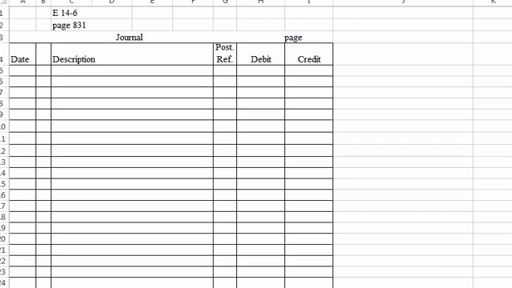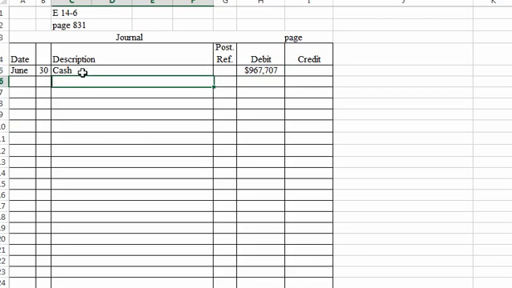Number one, prepare the journal entry to record their issuance by the Gorman Group on June 30th, 2016. So, okay, we'll say June 30th. All right, the Gorman Group on that day is going to receive cash. How much? Well, they said $967,707.